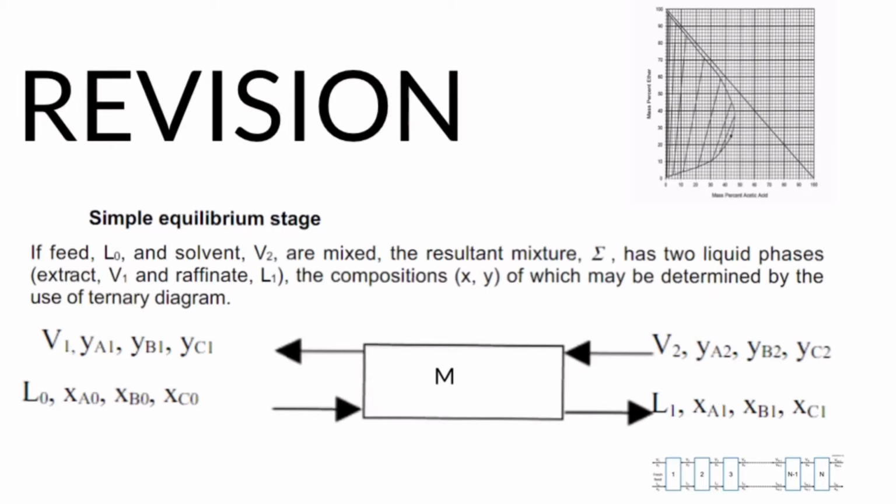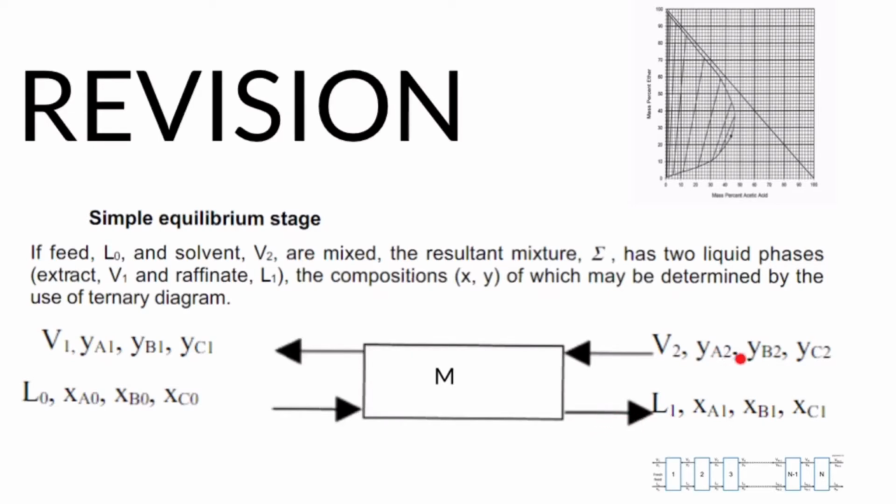If the feed L0 and the solvent V2 are mixed, the resultant mixture has two liquid phases, which are called the extract, which comes from stream V1, and the raffinate, which comes from stream L1.